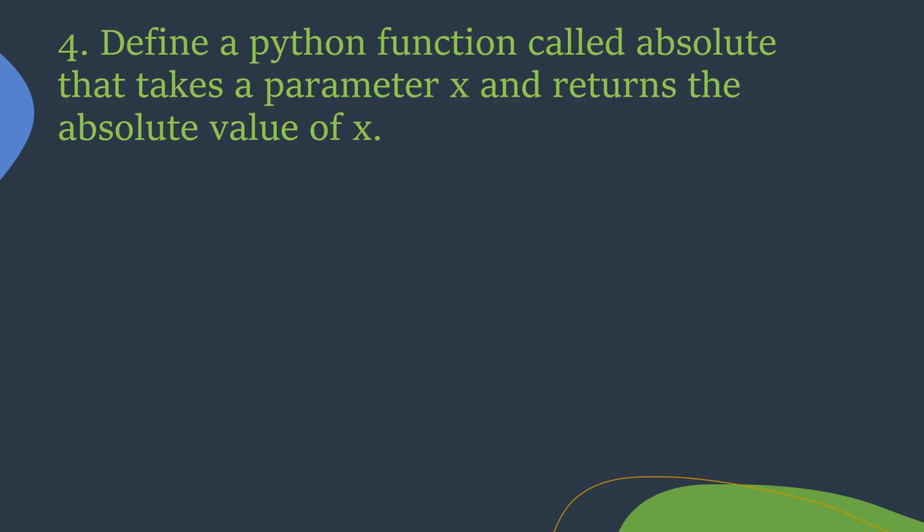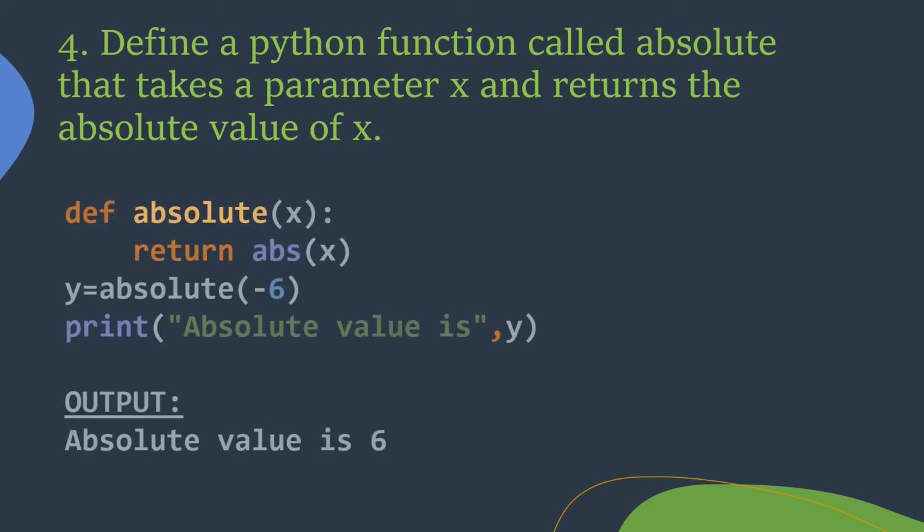Now define a Python function called absolute that takes a parameter x and returns the absolute value of x. So we have defined a function called absolute with a parameter x, and it is returning the absolute value of x by using the built-in function abs. There is a Python predefined function called abs which returns the absolute value of any number passed within its parentheses.